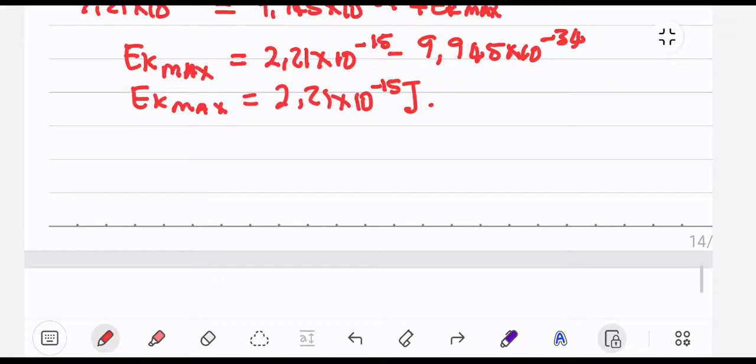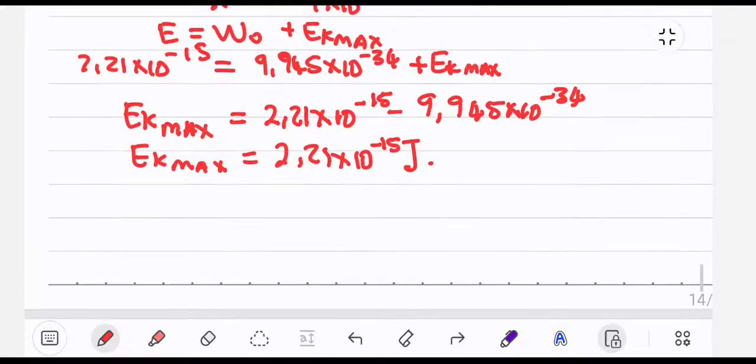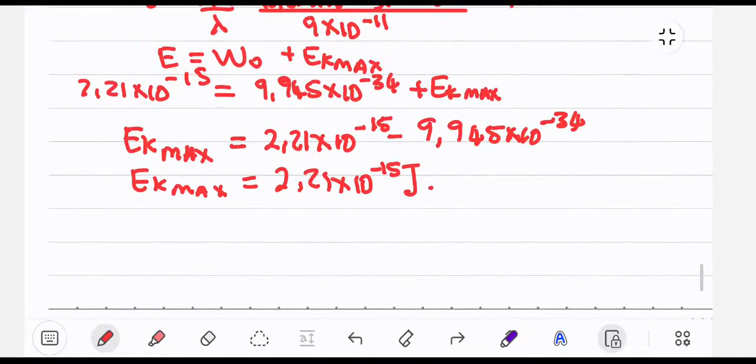And then after that, we go to the last thing, which is the EK max formula. I'll say EK max is equal to half m v max squared.